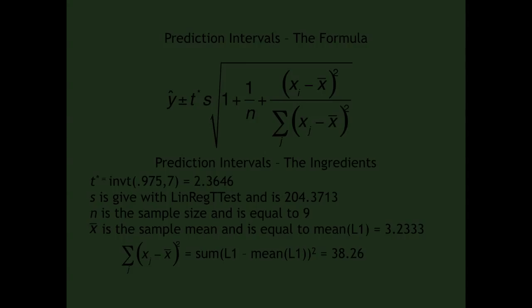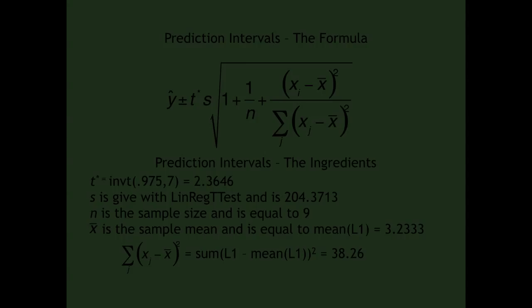Mostly what I would like to see is the critical thinking in terms of what to do about this situation, where first of all, to recognize that those are severe leverage points, and they're really affecting the fit of the model. In any case, that's not really the purpose of this video, though, to get into that kind of detail. The purpose of this video is really to show you how to do the calculations.